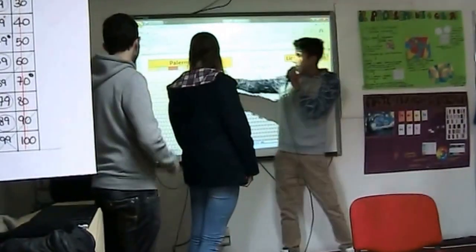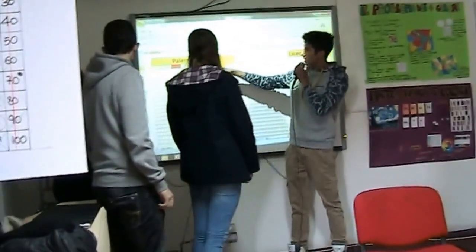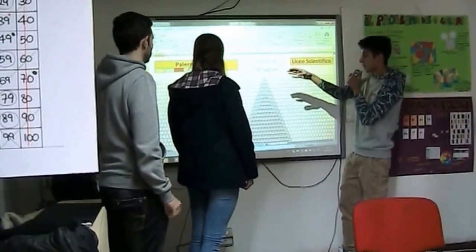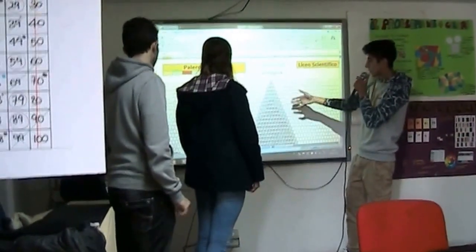If we put a number in these boxes, the picture will show us the multiples of this number highlighted in the triangle.